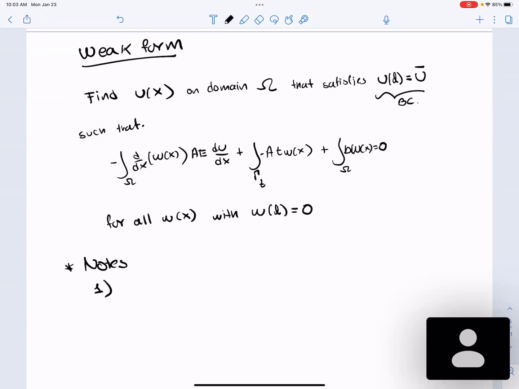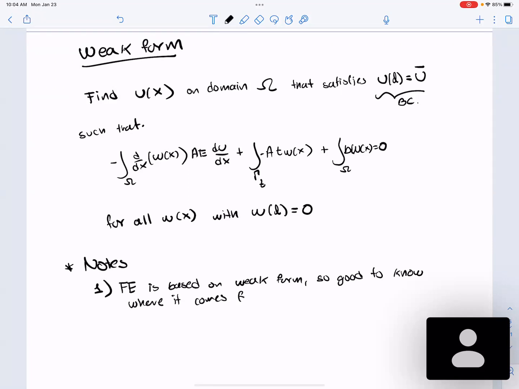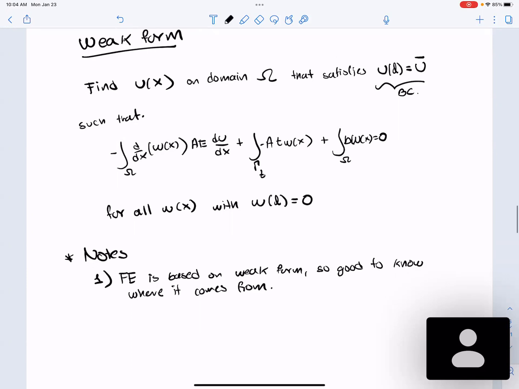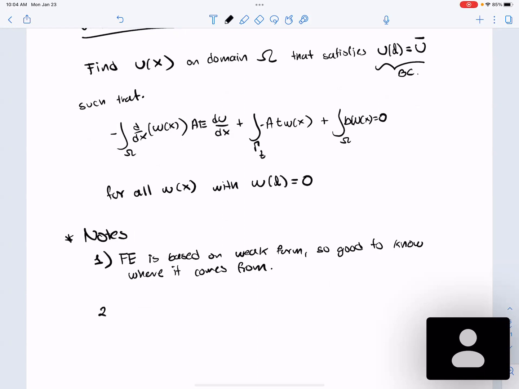FE is completely based on this weak form. And I'll give you a little bit of intuition about why FE works on this. Another thing is that this weak form is completely equivalent to that classical form of the problem.